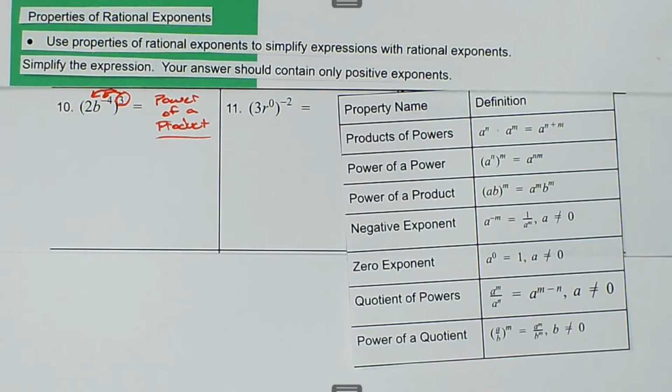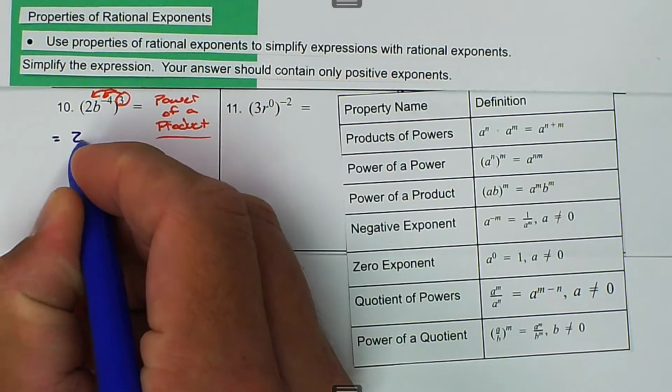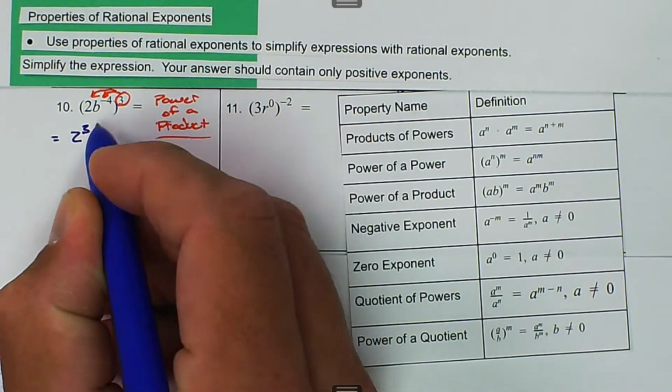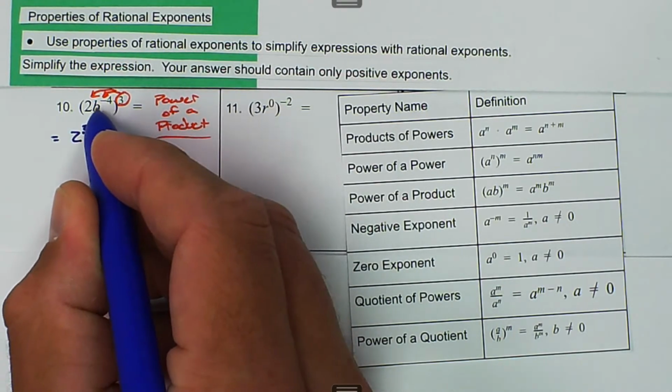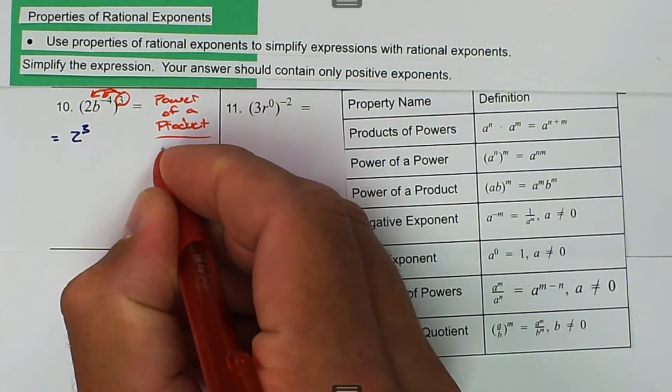So we can distribute that in, and we get 2 to the 3rd, and then the next we have b to the negative 4th already, so that's going to be power of a power.